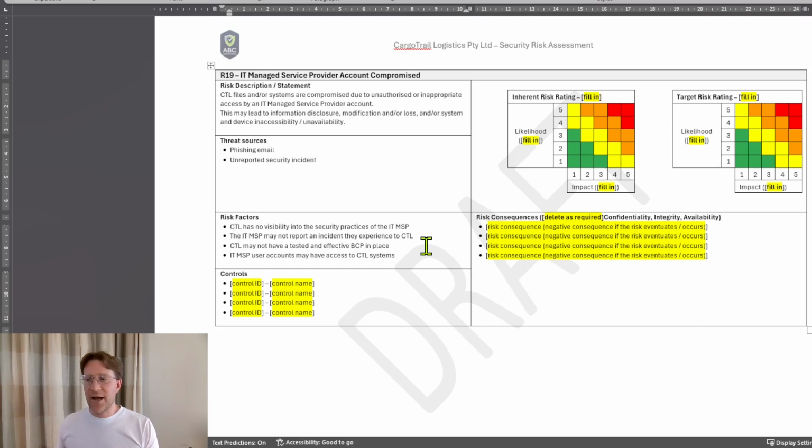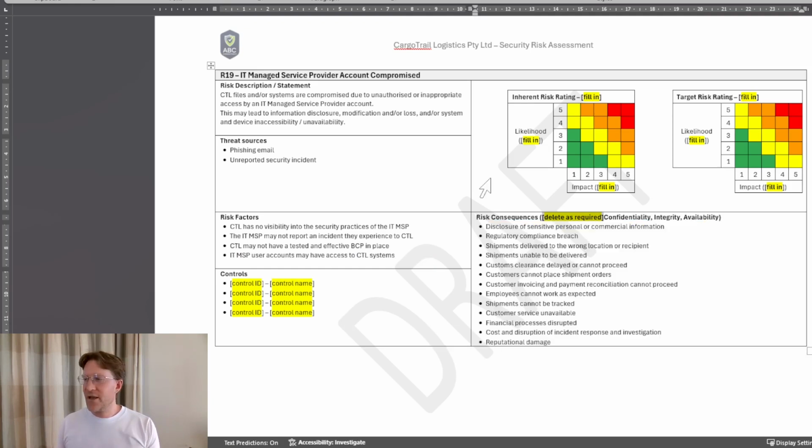We don't know if CTL has a tested and effective business continuity plan in place, such that if something happens to disrupt business operations and processes, we have a plan that they can go to and understand what they need to do through alternative means to accomplish the normal tasks and processes they would do. Essentially, a backup plan for the business to still function if something was to go wrong. And it's possible that the managed service provider accounts have direct access to CTL systems.